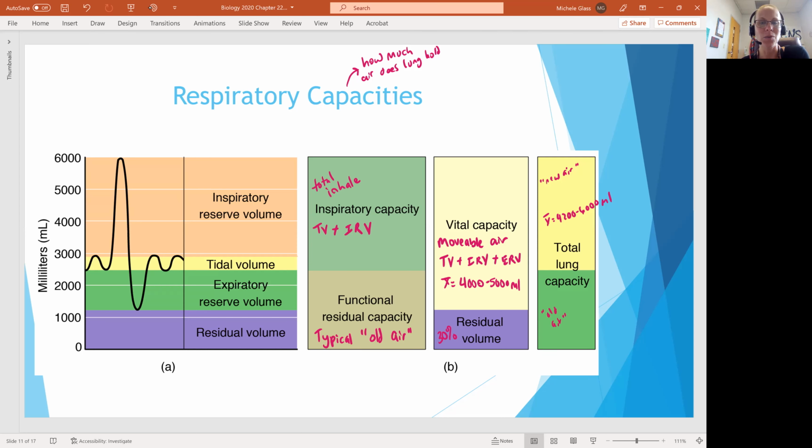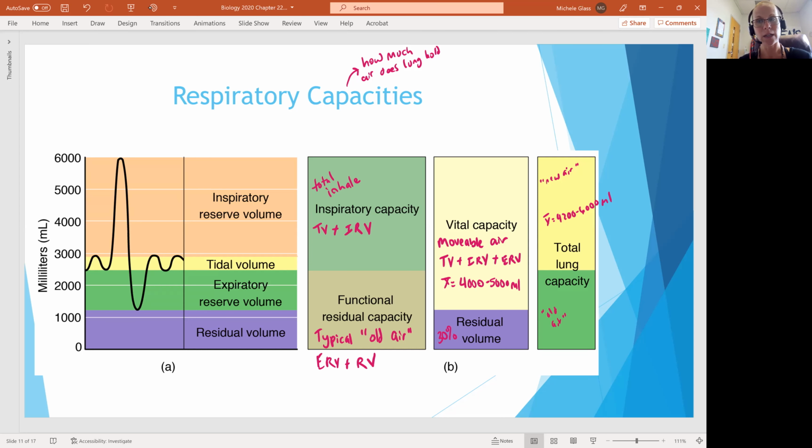And so the functional residual capacity is talking about how typically you have more than that 30% residual volume. You typically have this additional air that you're not exhaling. So that's your functional residual capacity. We could talk about that also as your ERV plus your residual volume, your RV, if you wanted to. So that's the air that's typically in your lung.